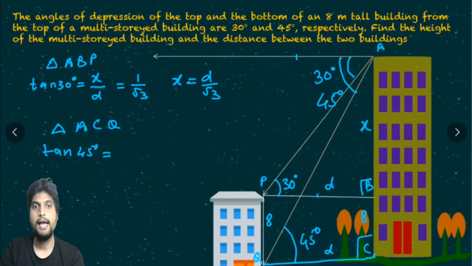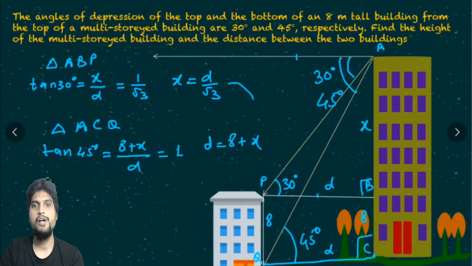So that will be height upon base. Here height is 8 plus X, upon the base, distance D. The value of tan 45 is 1. So let's put this 1 and we get D is equal to 8 plus X.